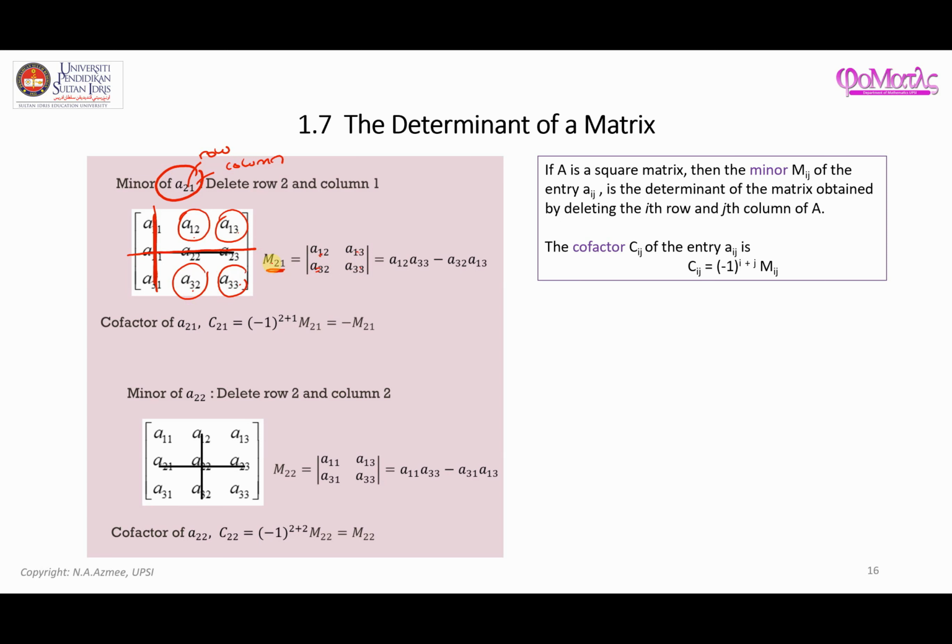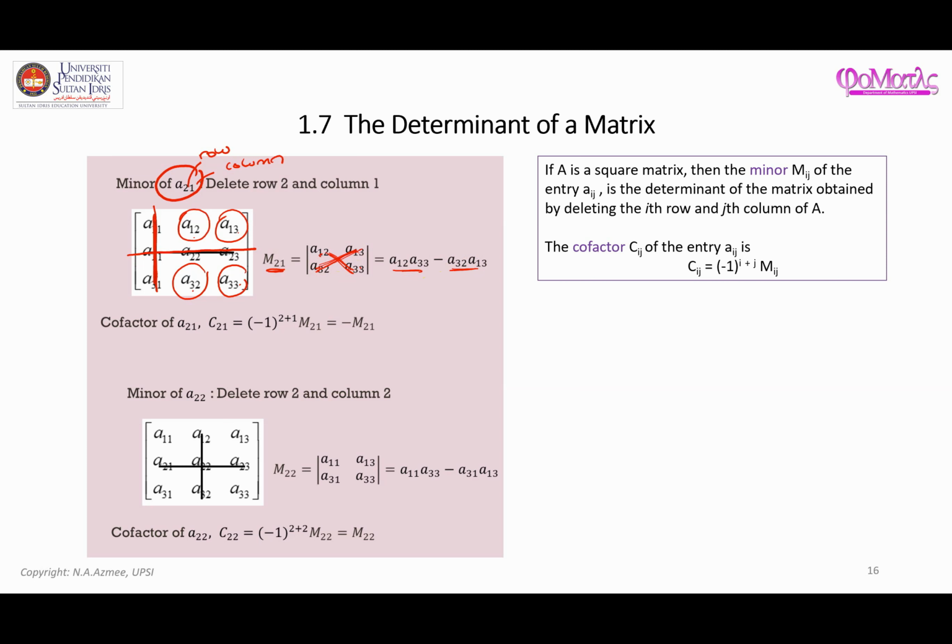And in order to find M21, you just need to apply the formula for finding the determinant of a 2 by 2 matrix. So you just multiply these two together and then minus the result of multiplying these two together. So you get the value of M21.